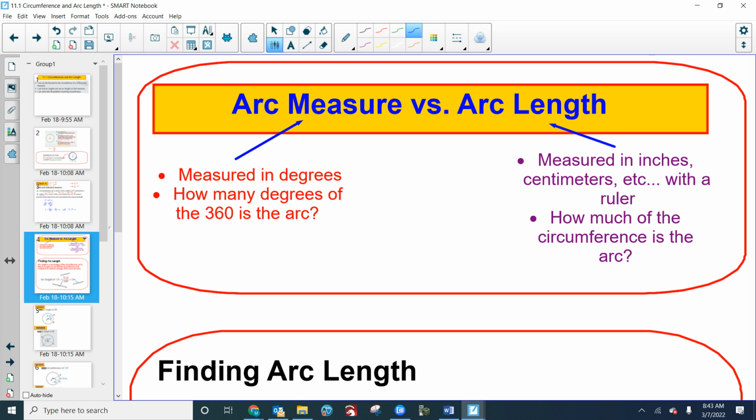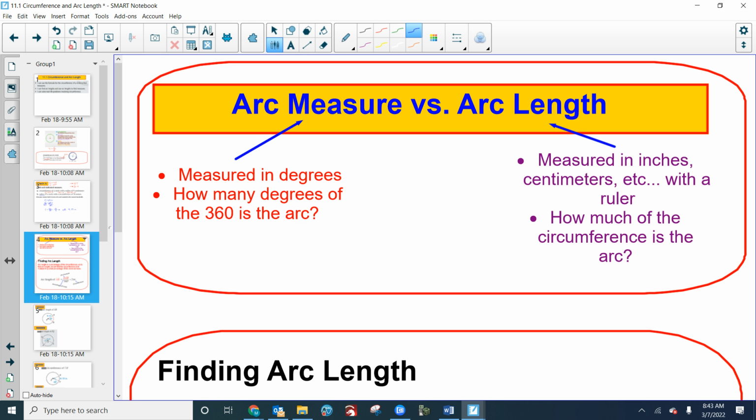That's more of a how far did you walk question. Not what portion of the circle, not 90 degrees. 90 degrees, but oh, you just walked a fourth of the way around that circle. But it doesn't tell us distance, does it? But if I say 10 feet, 20 feet, that's an arc length, okay? So be careful when you're reading these.